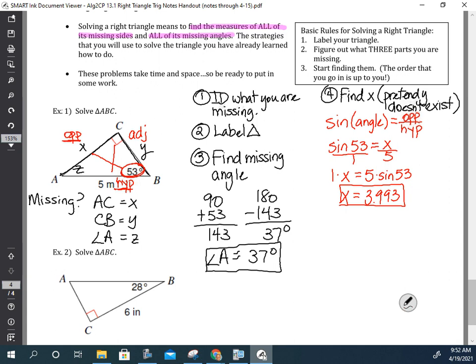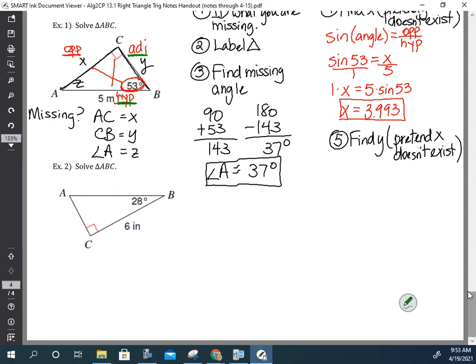You got your x. Now you turn around and solve for y. To find y, you pretend that x doesn't exist. Now you switch it around. If x doesn't exist, the opposite doesn't exist. So you only have adjacent and hypotenuse. Adjacent and hypotenuse, that's cosine.